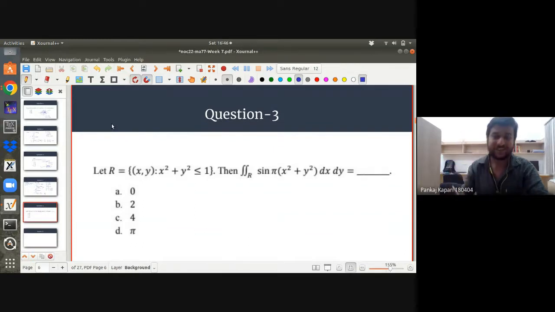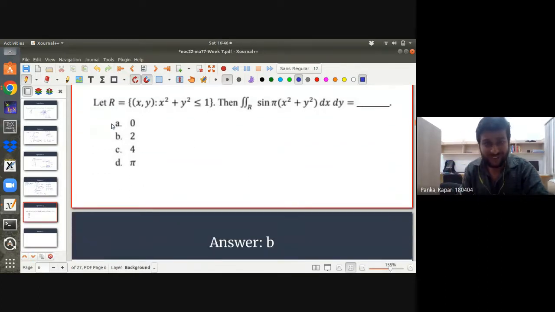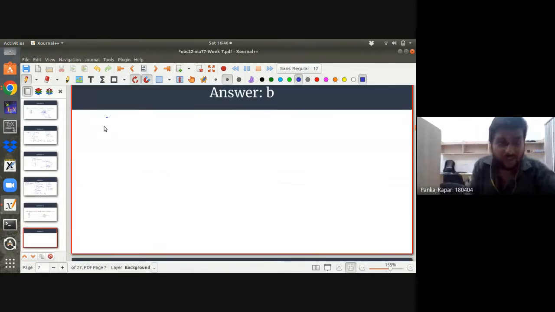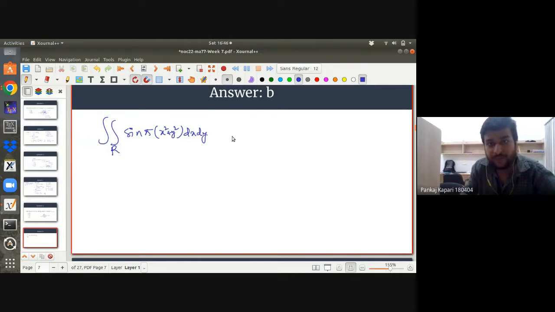Okay, then let's start with the third problem. Again, the region of integration is, you can see, the disk of radius 1. So this is our region of integration. We'll change the integral into polar coordinates, right? What is your integral? This is sine of pi r square.